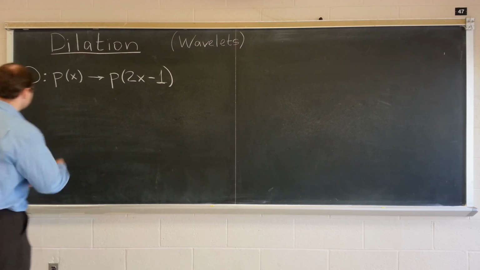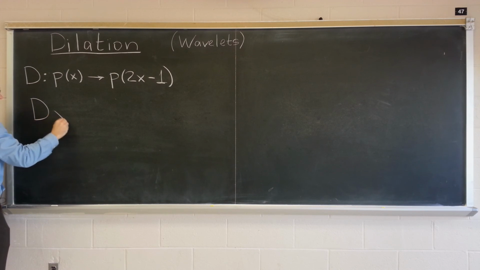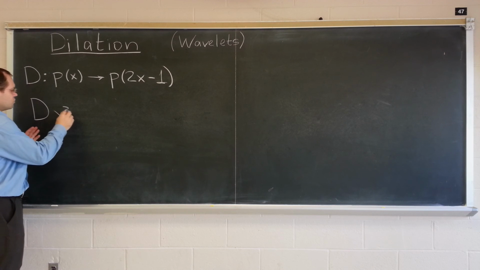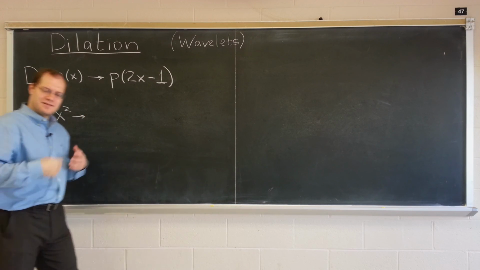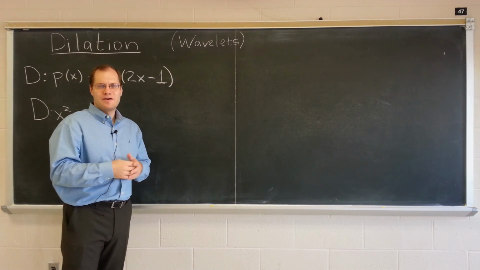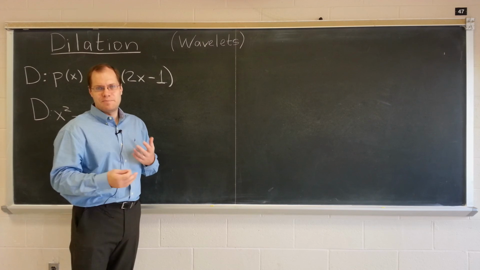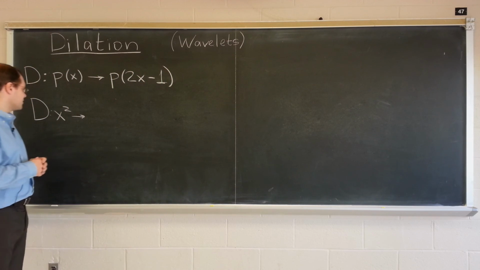Let's see, maybe we can guess a couple. Just for practice's sake, let's apply this transformation to x squared. So the rule says, once again, the game is played by the same rules. I give you the transformation, the rule, and then you apply it. So I have to specify the transformation, which is what I did here.